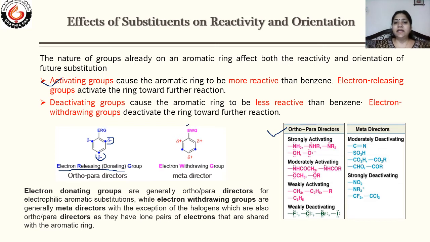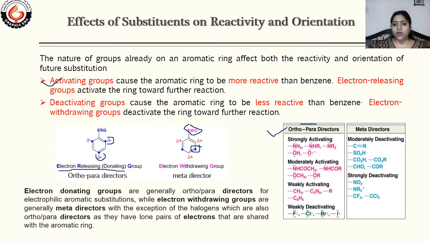Similarly, if electron withdrawing group is present on the benzene ring, it will give rise to a positive charge density on the ortho and para position. So obviously the electrophile will attack on meta position only, because electrophile will not attack on the positive charge density.